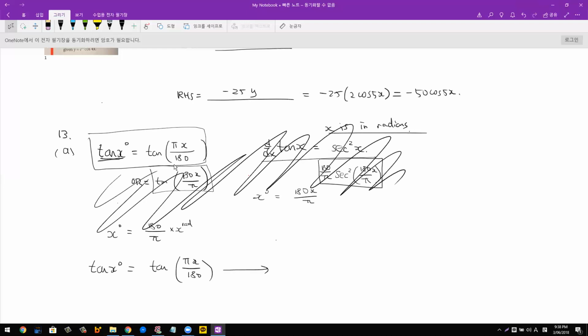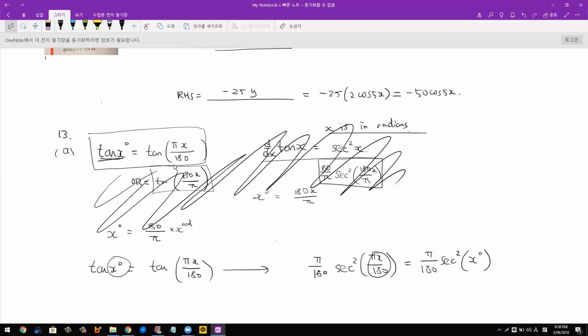When you differentiate this, you get sec squared of pi x over 180 multiplied by the differentiation of this, which is pi over 180. Now this can be simplified back to x degrees.